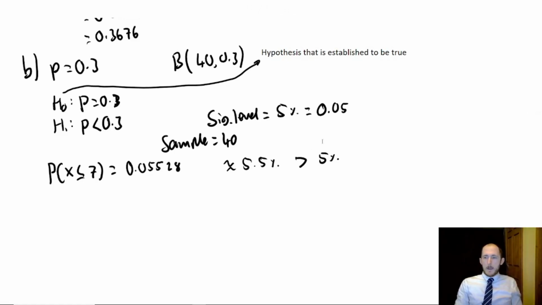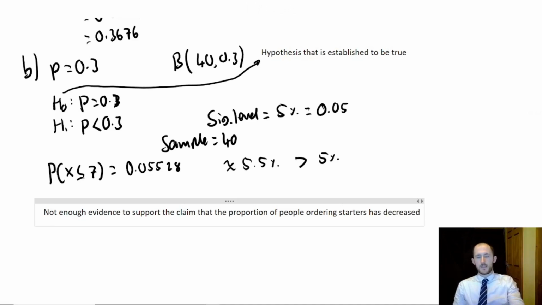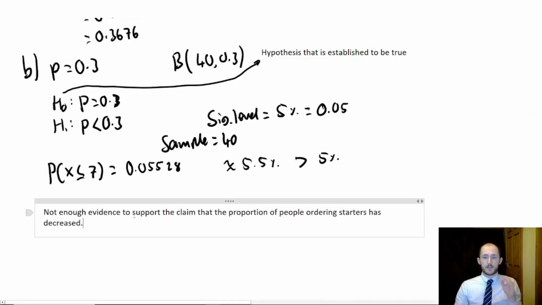So, because it's more than 5%, and this is something we define, there is not enough evidence to support the claim that the proportion of people ordering starters has decreased. Yeah? That's a sentence that you'll just learn to memorize, okay?